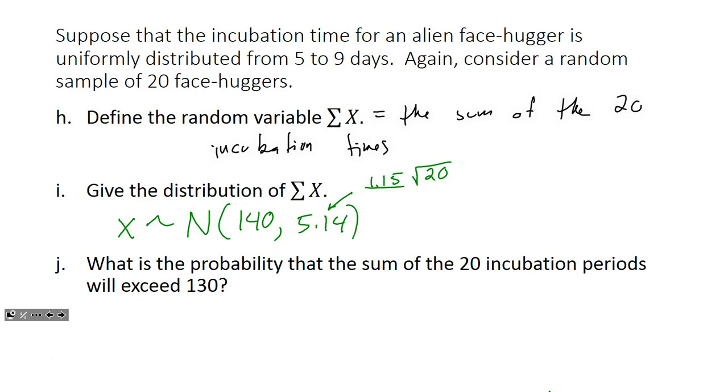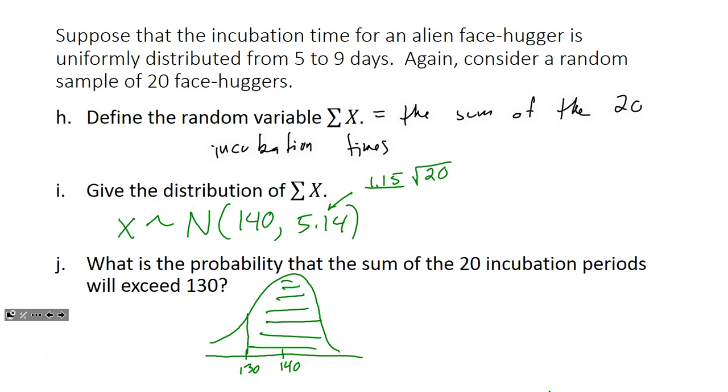And now we'll answer this question using the normal distribution theory. Let's draw our picture. So now the mean is 140. What's the probability that this sum will exceed 130? So we'd have 130 right here. Exceed 130, so we'd be looking for this area here. Now look, before we even do the calculator, the answer is going to be a pretty large number, isn't it? Because most of the curve there is shaded.